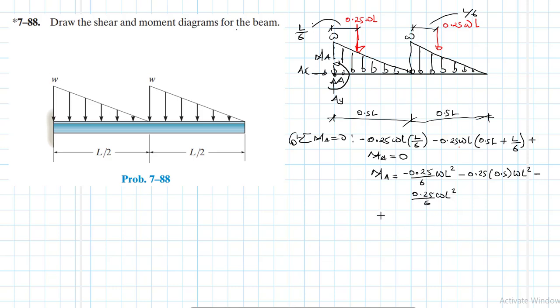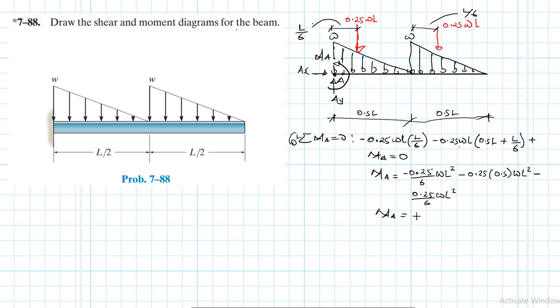This gives us, what do we have? Minus 0.25 divided by 6, minus 0.25 times 0.5, and minus 0.25 divided by 6.